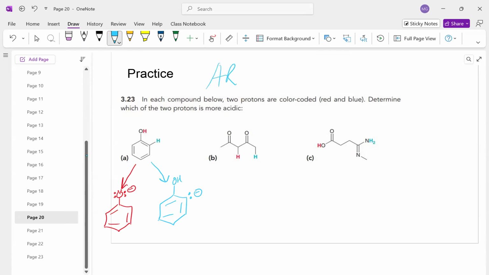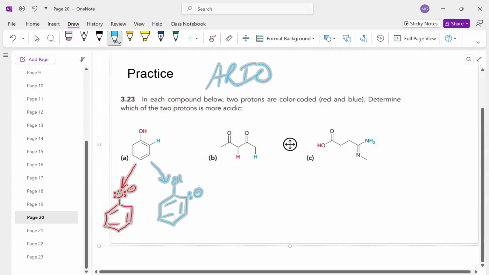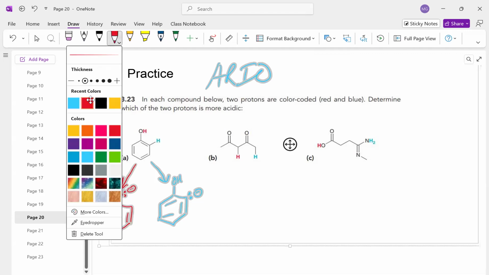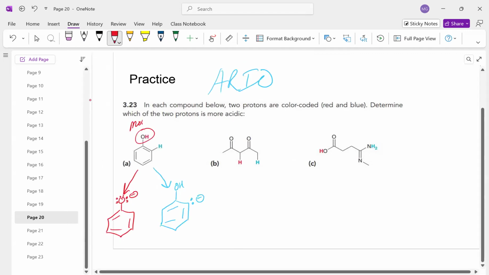All right, start with ARIO. A in ARIO stands for atom. Look at the atom that has the charge. In this case, we have oxygen on the red, carbon on the blue. There's a big difference in electronegativity, and so we would say the red one is more acidic.